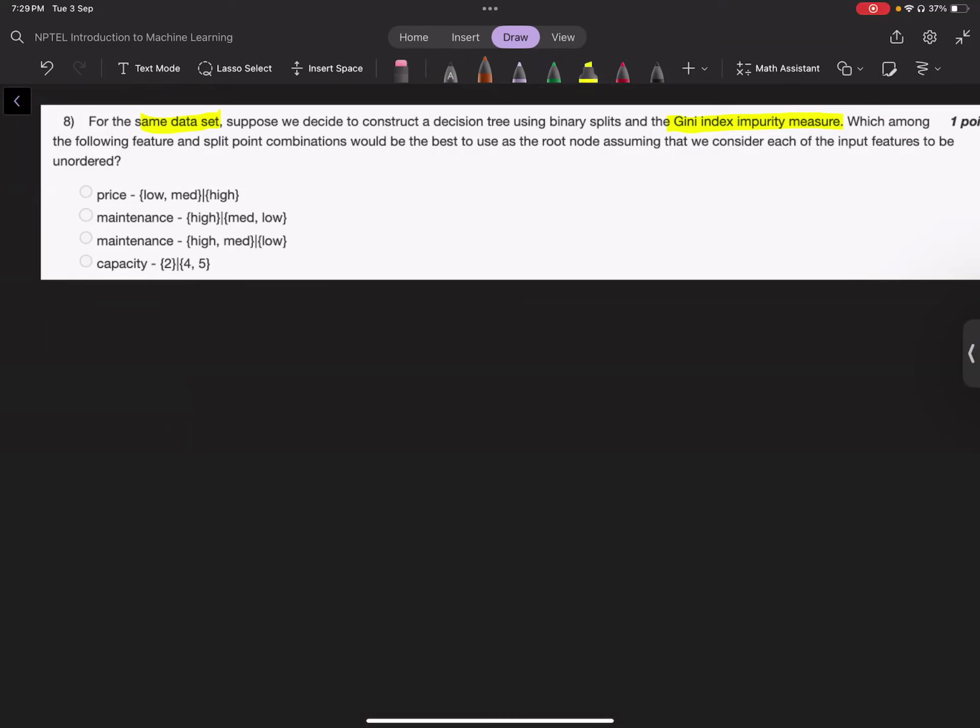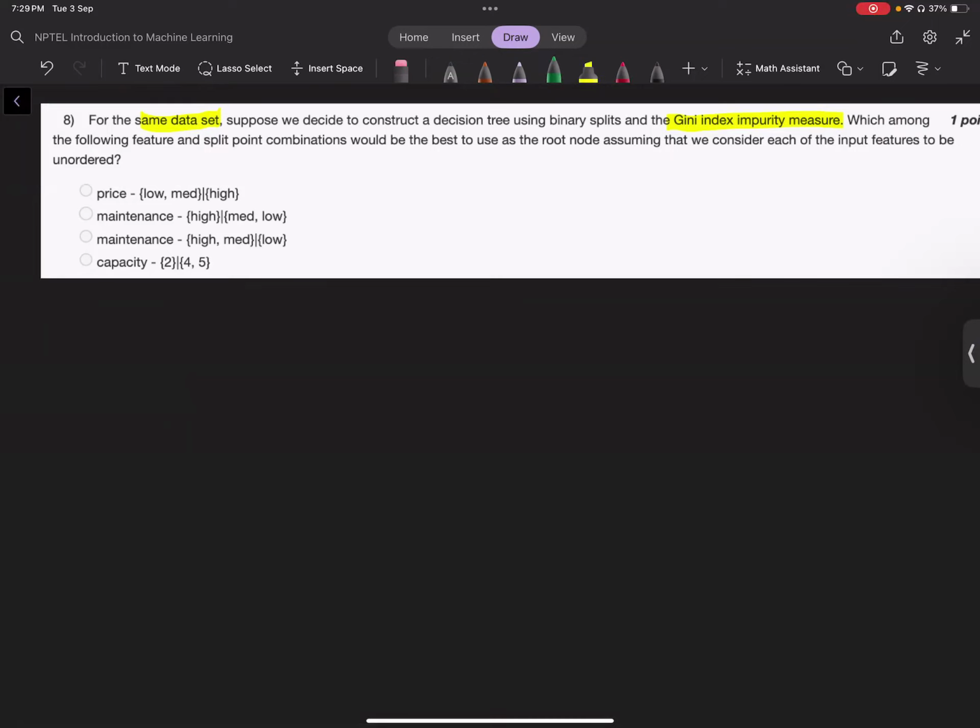So the first one is the same thing: we just need to apply the Gini impurity formula. If you go to the lecture, you'll find this formula and how to apply it.